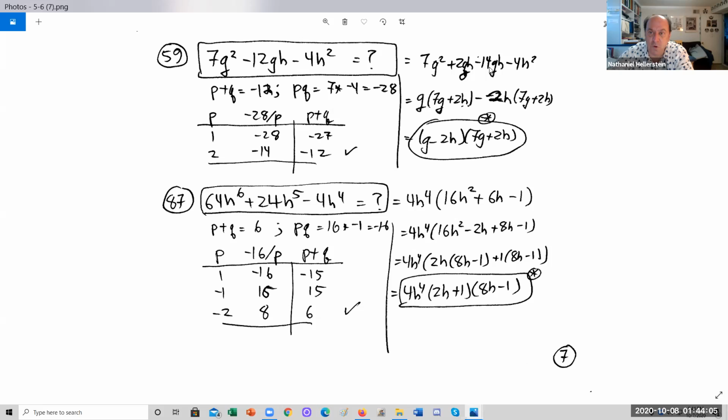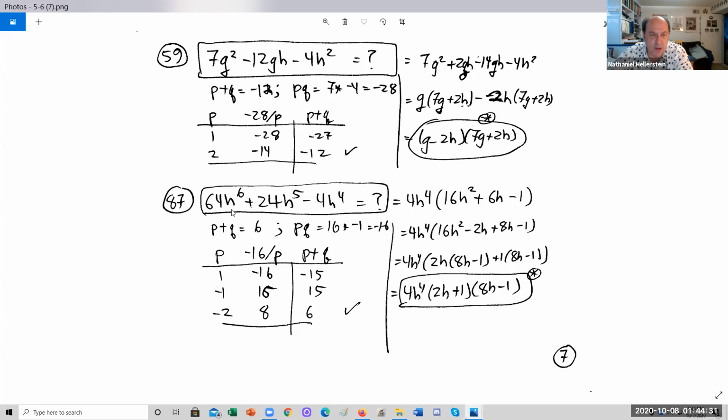There's a minus 14gh minus 4h squared. And, well, okay, you can pull out a 2h, but let's pull out a negative 2h just to make sure that the signs match up. Pull out a negative 2h times, again, 7g plus 2h. Okay, 7g plus 2h is in common, pull it out. 7g plus 2h times g minus 2h. That's the factorization.